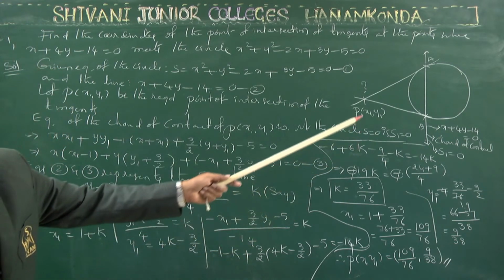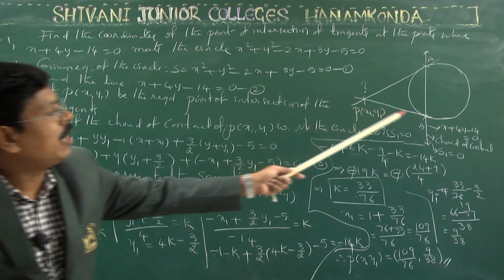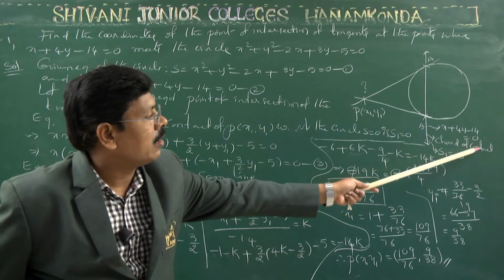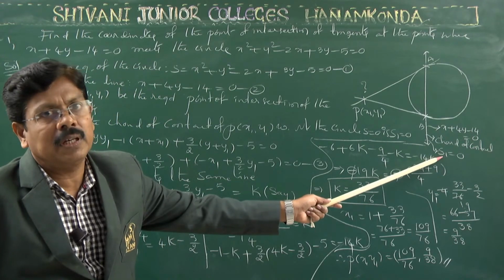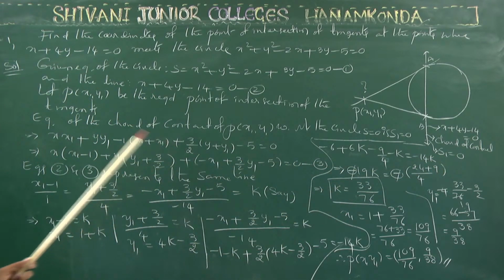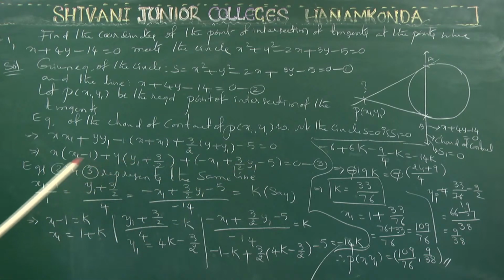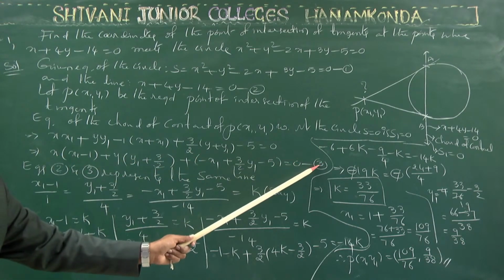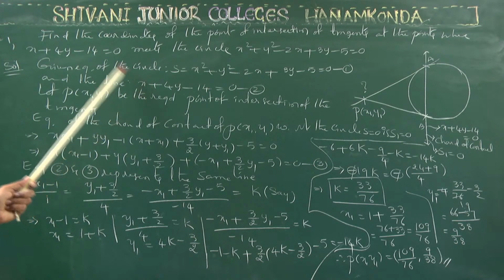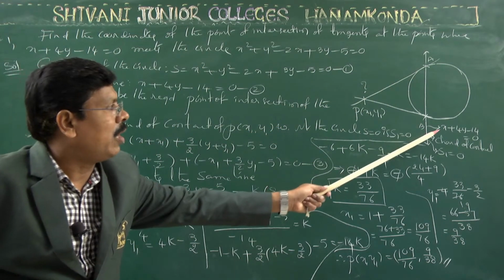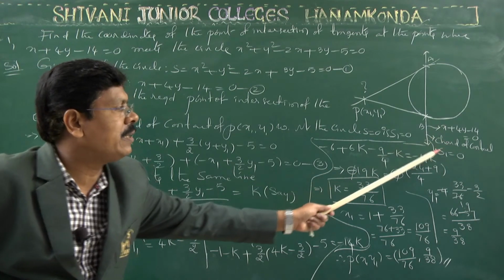First of all, according to the theorem, you know that AB is nothing but the chord of contact. What about the chord of contact formula? S1 is equal to 0. You know that this is the process, S1 is equal to 0. What about equation 3? Already equation 2 is given, that is also the same chord. These two represent the same line.